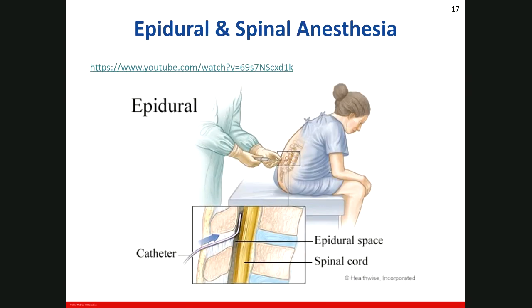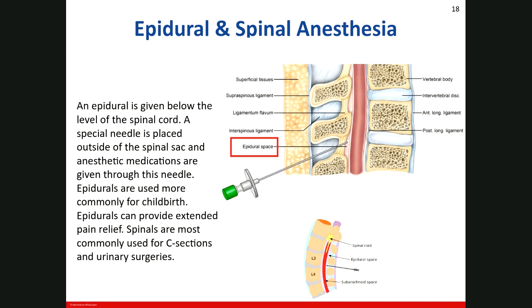And the other procedure is called epidural and spinal anesthesia. I posted one video on your slides. You can check this video for epidural anesthesia. And in this picture, you can see how this process takes place.